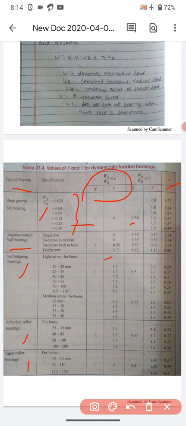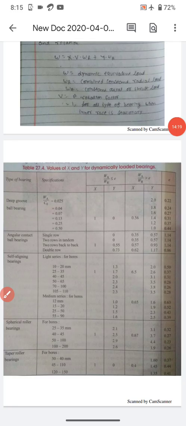So we will see numericals, then you may be able to understand how you are going to apply this equation with the help of the data book.